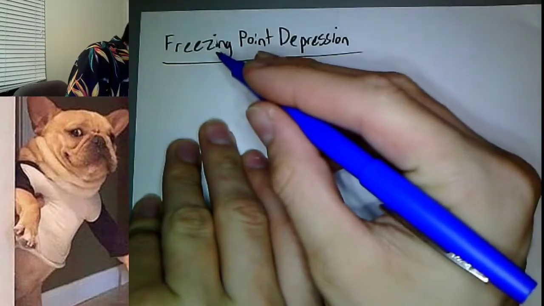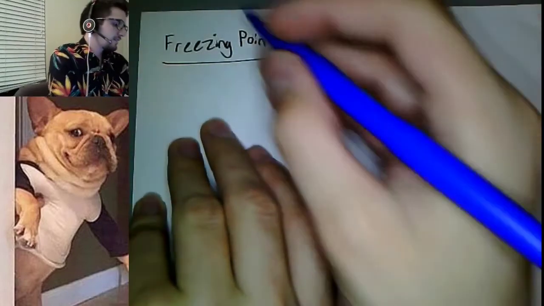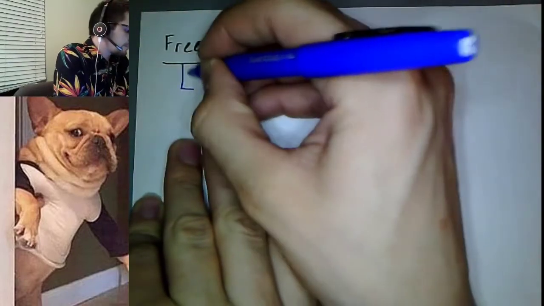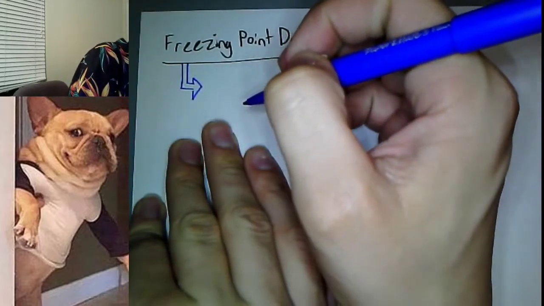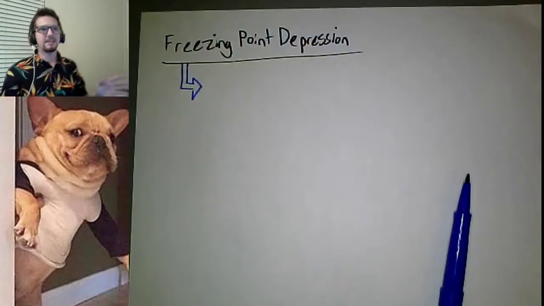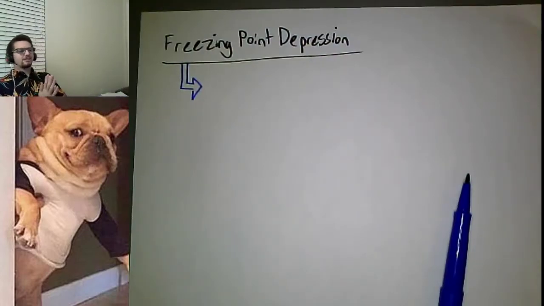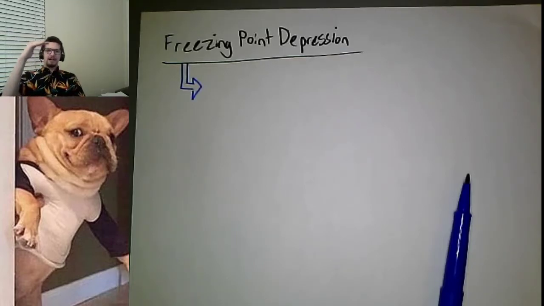Freezing point depression. So, what is this talking about? Freezing point depression is a lot like boiling point elevation. We said that the more crap you add to a solution, the harder it is to make it boil and the higher that boiling point has to be, because all that crap in the water is keeping it from escaping.